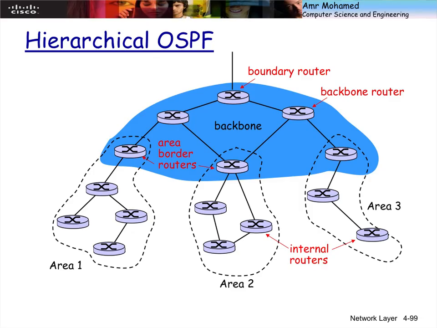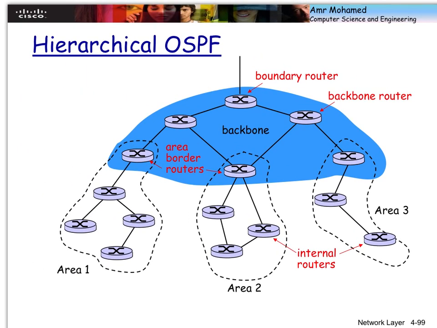Okay? So OSPF uses a backbone area. This backbone area connects multiple sub-areas within the autonomous system. Why do we deal with the concept of areas? Again, to control the flooding.